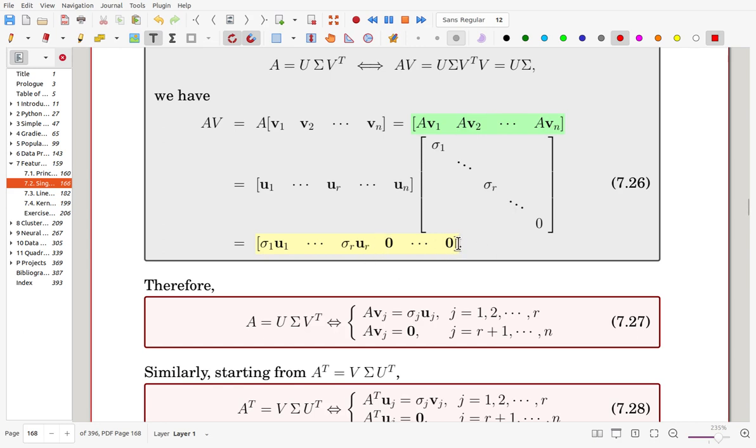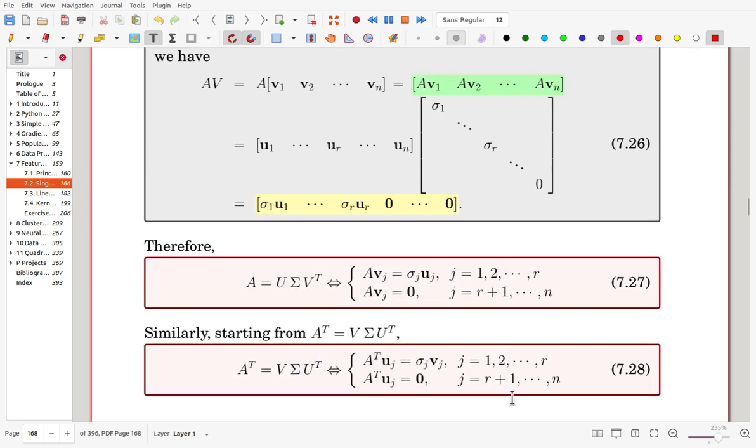Similarly, start with A transpose equals V sigma U transpose. We can reach that algebraic expression: A transpose Uj is sigma j Vj for j from 1 to r, and A transpose Uj is 0 when j is larger than r.